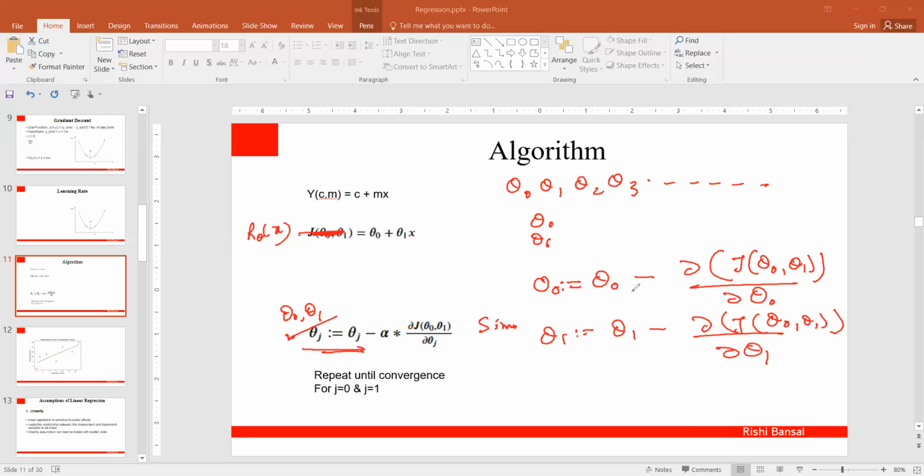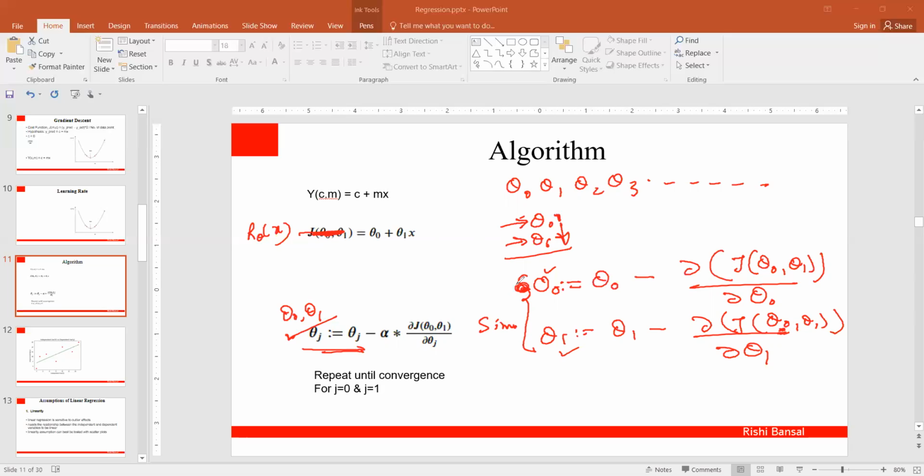So simultaneous update means that when I execute these two equations, in the equation for theta 0 I am using theta 1, which comes from above, whatever we initialized for theta 0 and theta 1. And when we calculate theta 1, here is also theta 0, but this theta 0 is not the newly calculated one, it is this one.